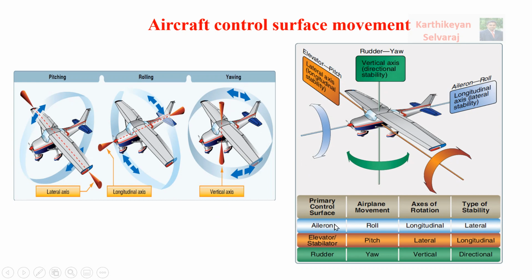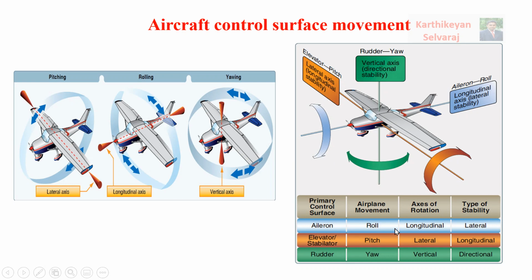Then you can see this table column will be helpful to understand clearly about the airplane movement, which axis will rotate, and similarly the axis rotation will be helpful for which type of stability. For example, we have the three primary control surfaces, aileron. Based on the aileron we will get rolling action.